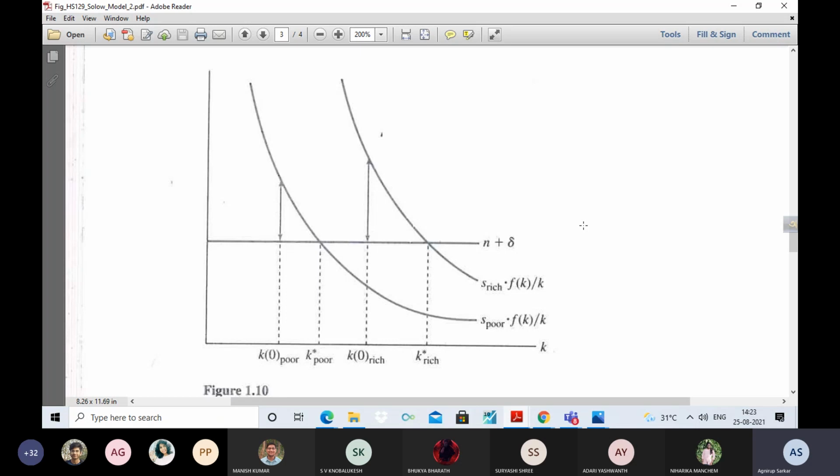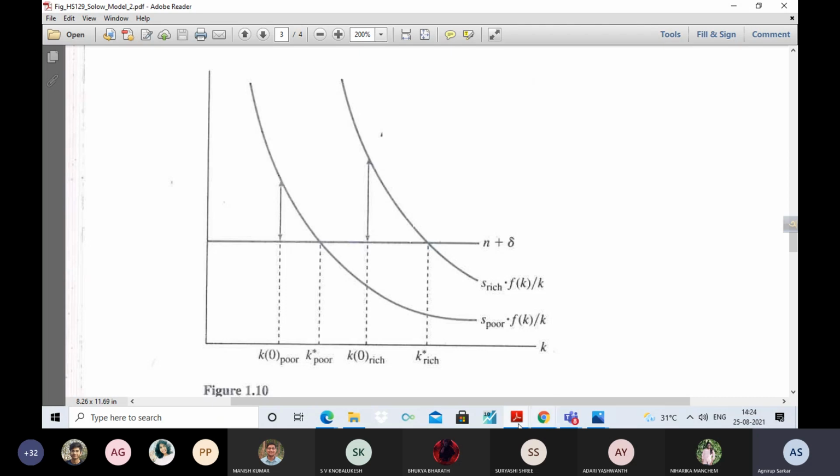For example, the saving rate of the richer country you can assume to be greater than the saving rate for the poorer country, which usually is the case. This is a very realistic assumption, right? Also, the initial capital to labor ratio for the poorer nation is lower than that for the richer nation. This is also a pretty realistic assumption, right?